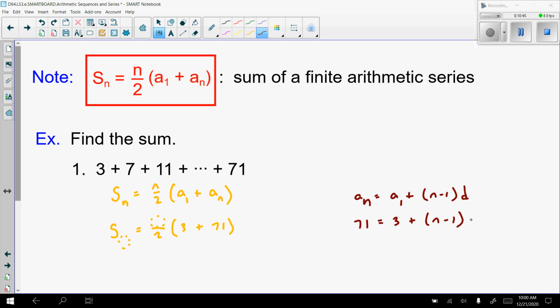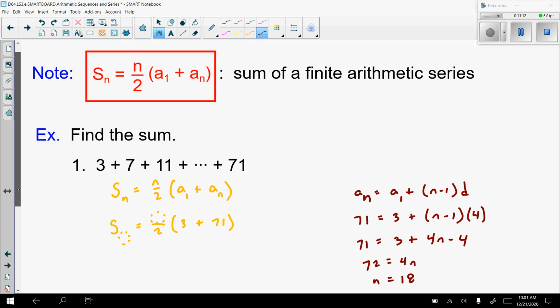We have minus 1, and now we need the difference. And I think we can see the difference pretty easily is 4. This is good news because I'll be able to get the n value. So let's work that out. 71 equals 3 plus 4n minus 4. 72 equals 4n, and that means n equals 18.